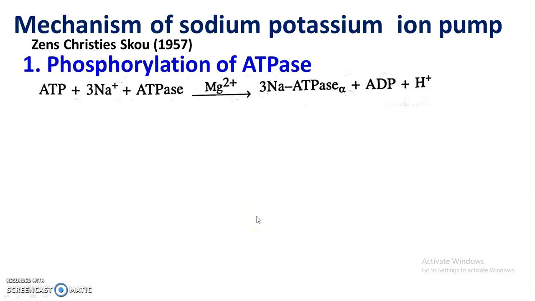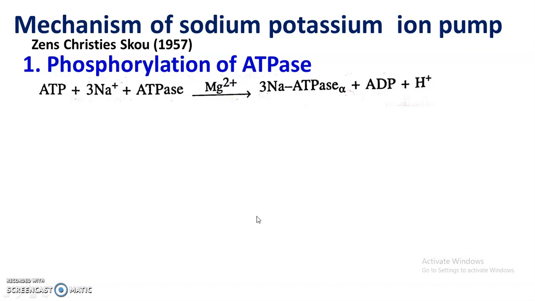In the first step, the enzyme ATPase binds 3 sodium ions inside the cell to specific sites on the alpha units.